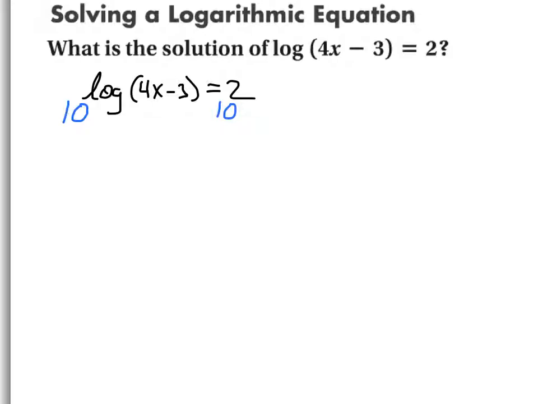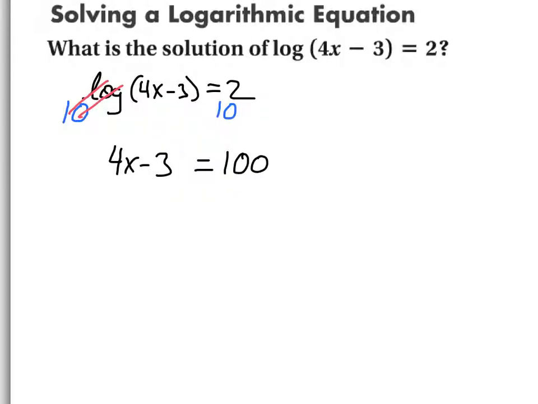That is that process I talked about at the beginning called exponentiating, right? We're making each side of that equation the exponent. When you do that, 10 raised to the log base 10 essentially cancels away, leaving us with 4x minus 3. And that's going to equal 10 to the second power, which is 100.